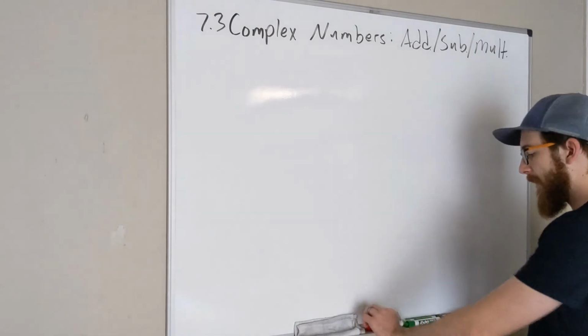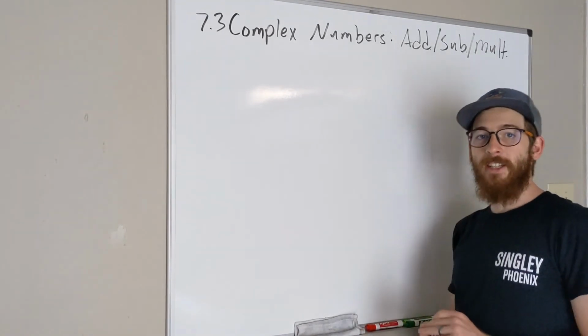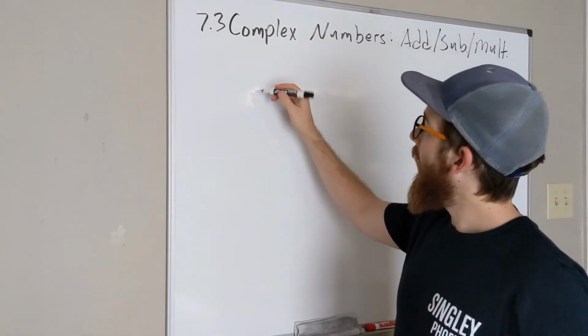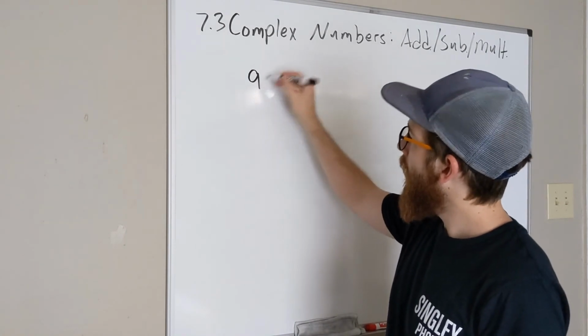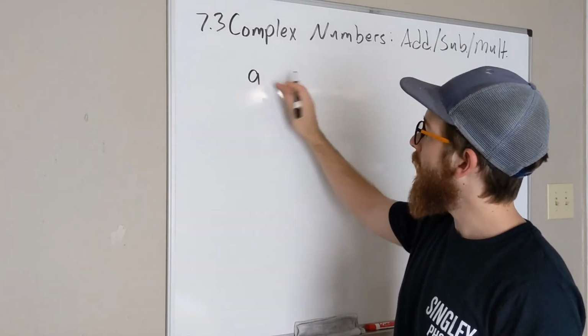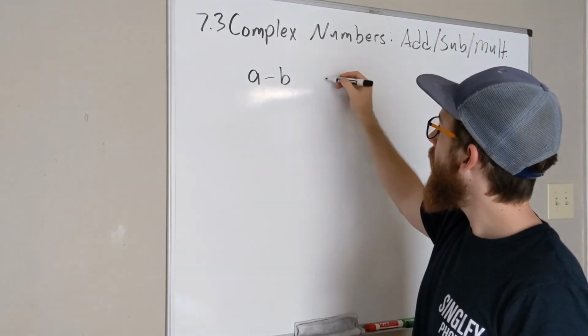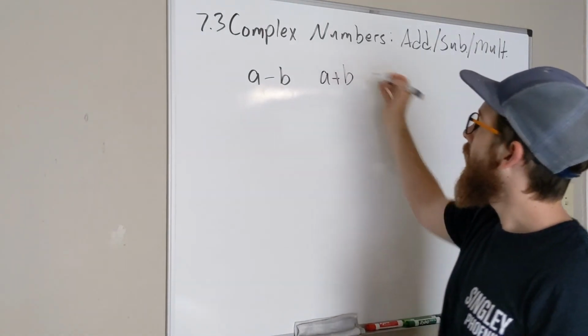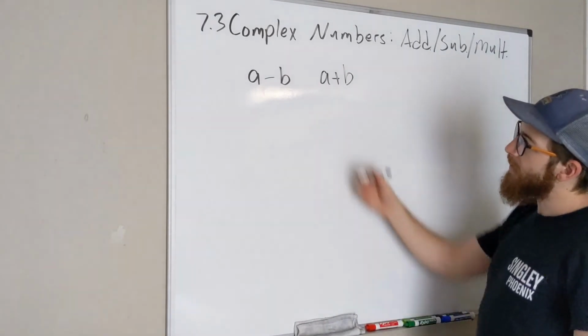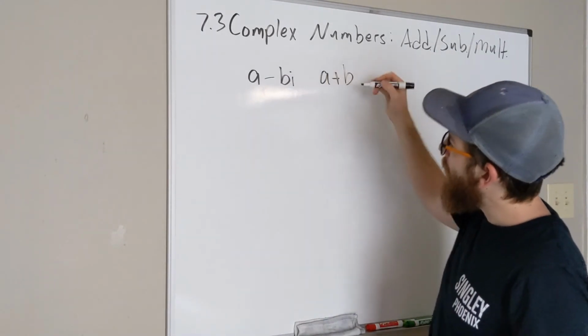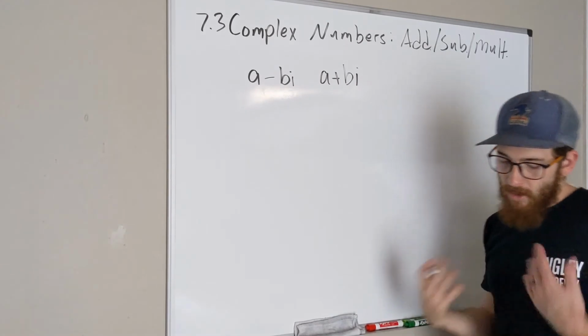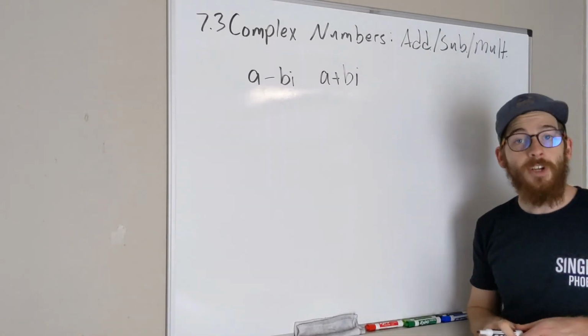Now, the last thing I want to look at is complex conjugate. So we had before conjugate where I said like a minus b, the conjugate would be a plus b. Well, nothing really changes here. a minus bi, a plus bi. Those are conjugates of each other.